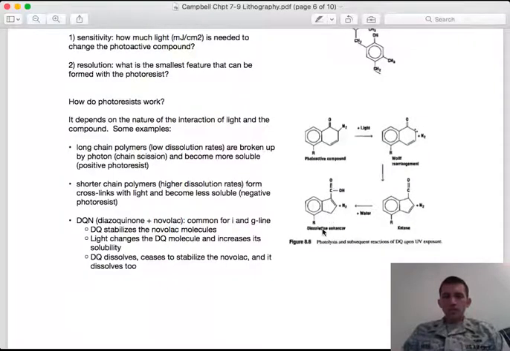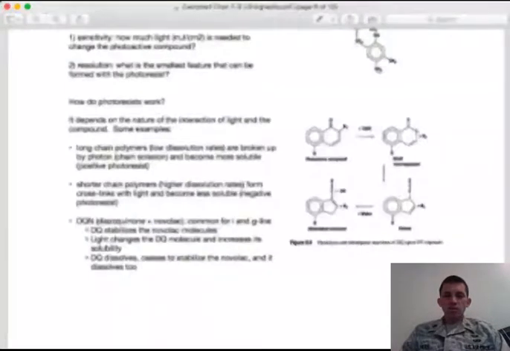And this different molecule is much more soluble in the developer solution. And so it dissolves away and no longer stabilizes the novolac resin molecules.